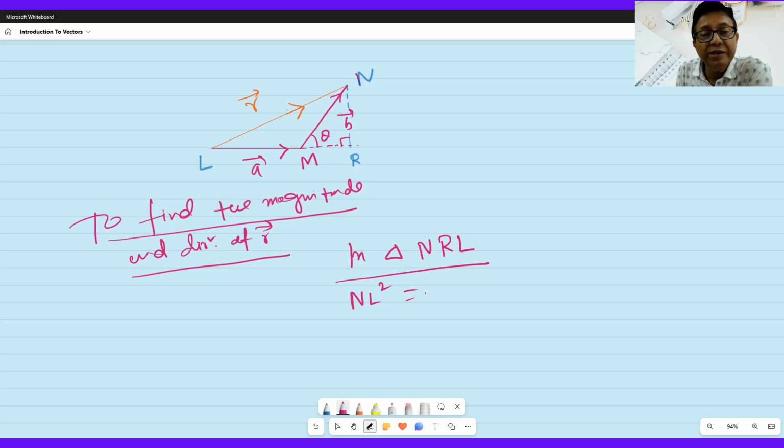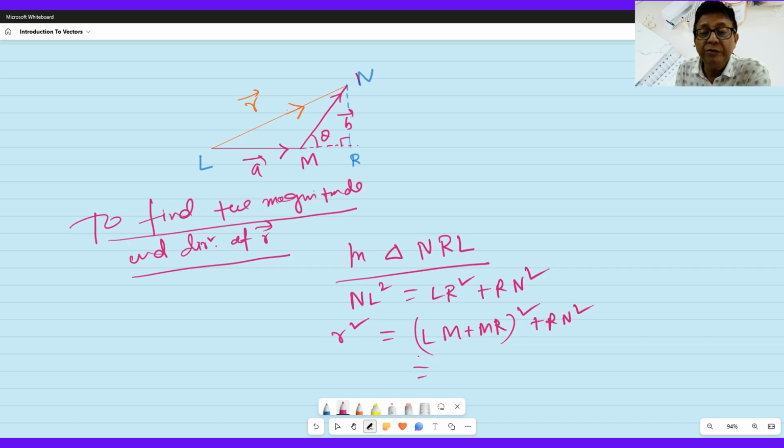NL square equals LR square plus RN square. NL is what? The length of vector R. So we can simply write R square equals, what is LR? LR is LM plus MR. Then we can write plus RN square.